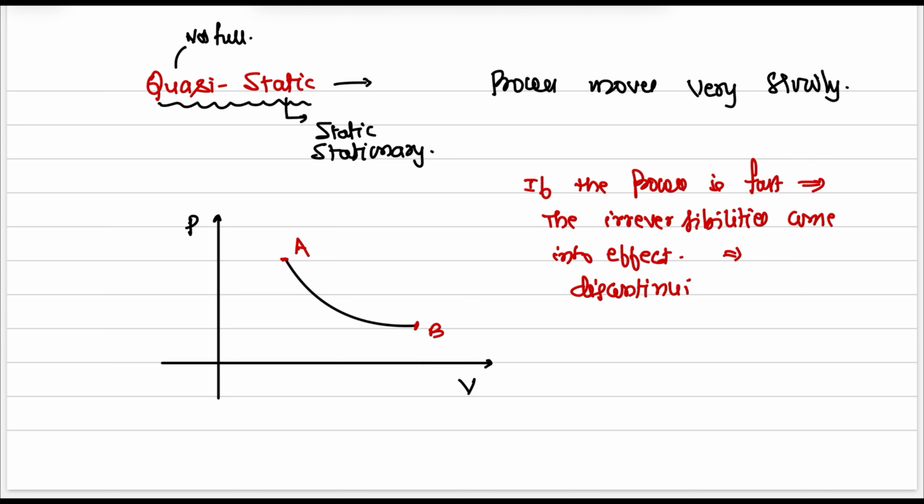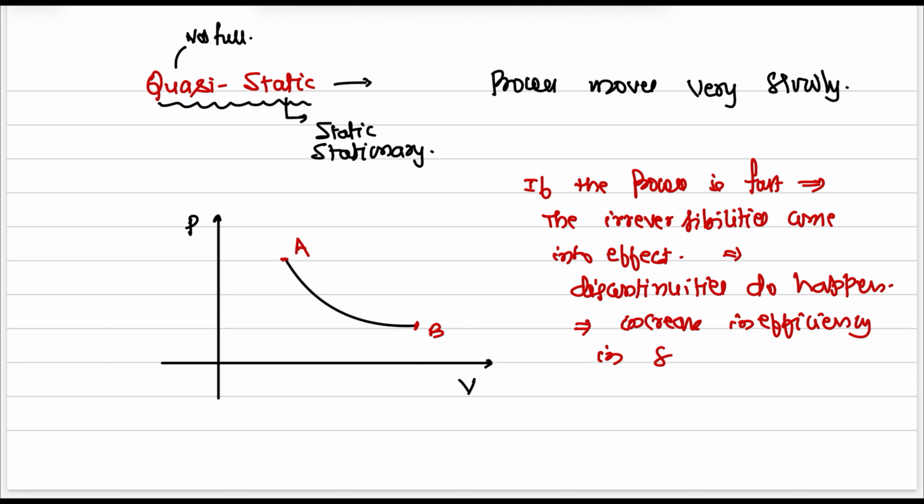Discontinuities do happen in the process, and these discontinuities will be represented in a dotted form, and these discontinuities will increase inefficiency in the system, and calculations will become tedious.